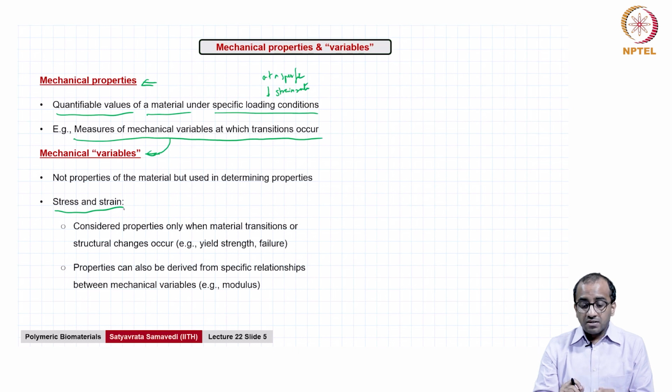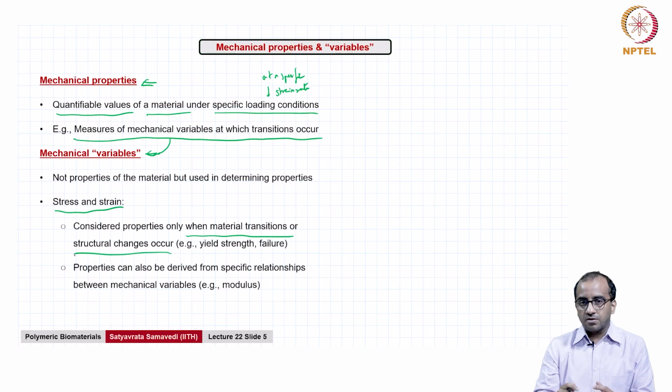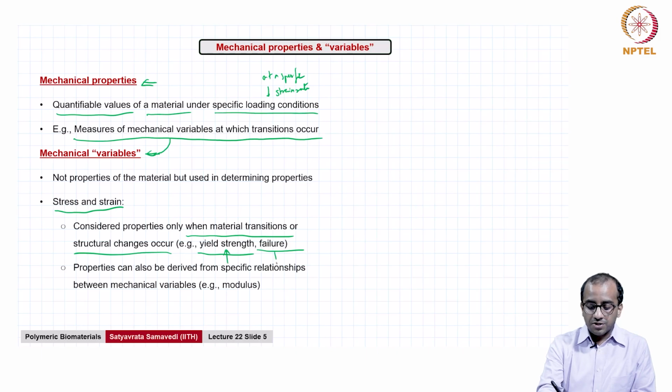They can be considered properties only when the material transitions or when structural changes occur. Examples of that include yield strength, failure, etc. These are again things you might have heard of, which are ultimately obtained from a stress strain curve, but they represent important transition points. So that's one way to think about the relationship between mechanical variables and mechanical properties.